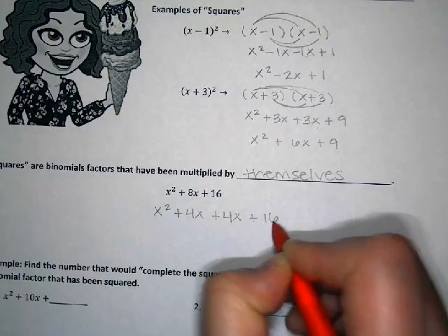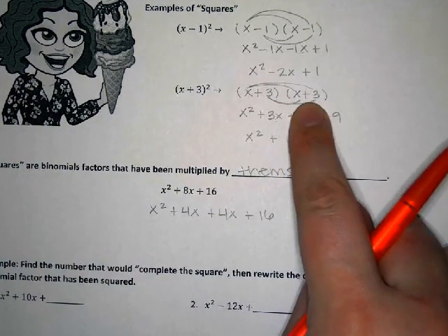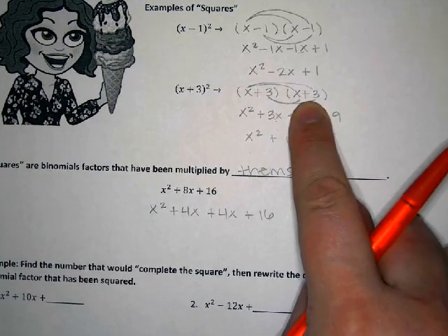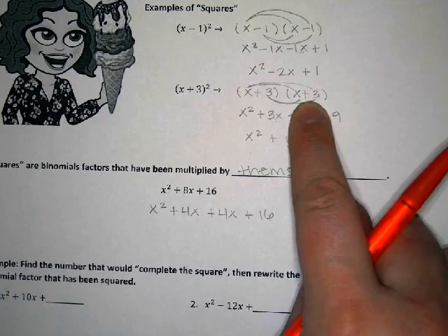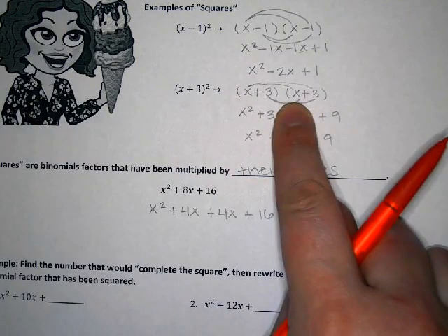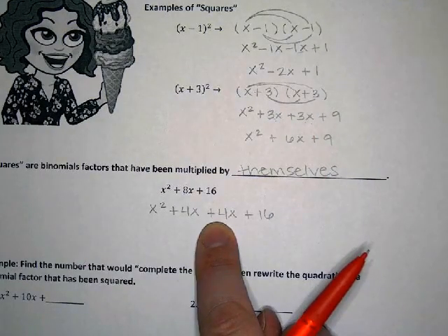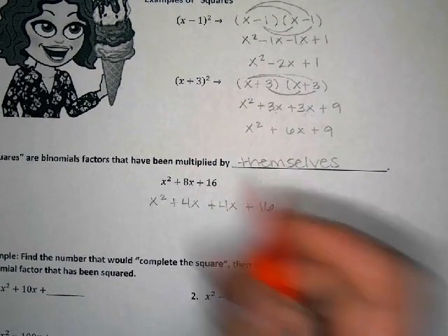And then I want to go backwards one more step, and I want to see what would have been in my parentheses. So x plus 3x plus 3x plus 9. If I go backwards, what should have been in my parentheses? X plus 4.